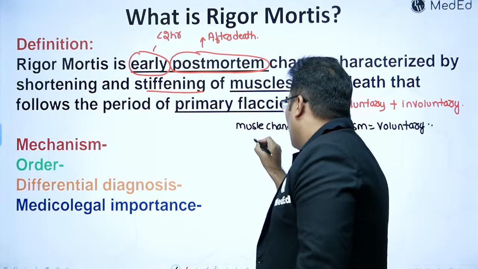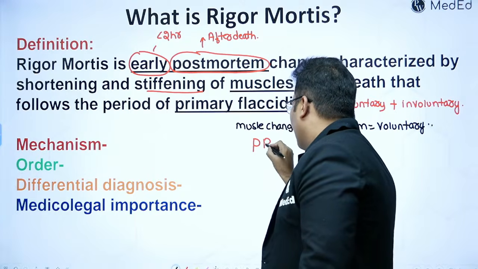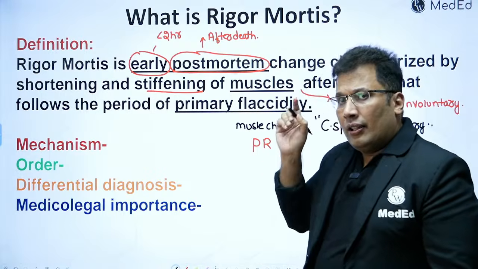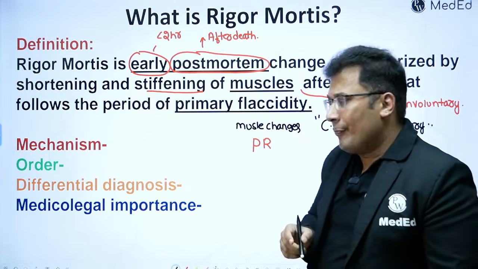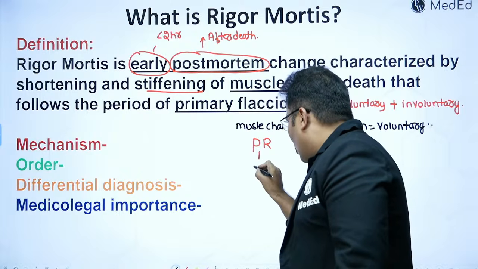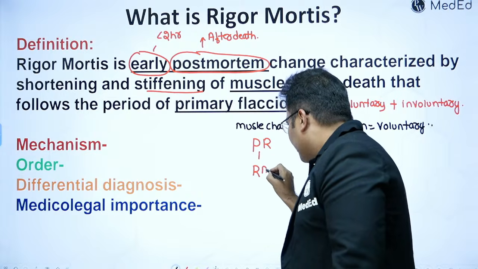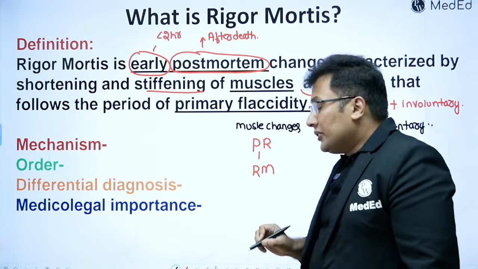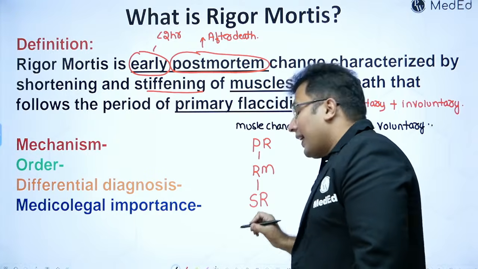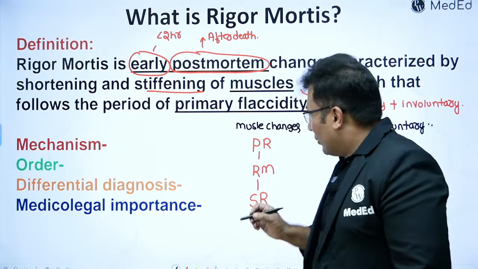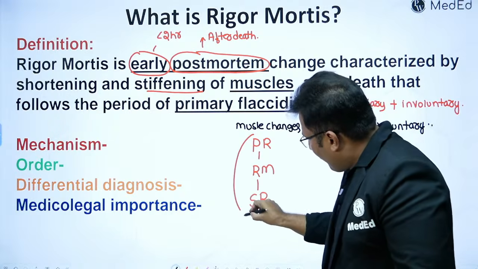They undergo primary relaxation, PR, by utilizing ATP in the plasma. Then all the muscles undergo rigor mortis, RM. Then they undergo secondary relaxation, or we call it secondary flaccidity. This is a very important funda.